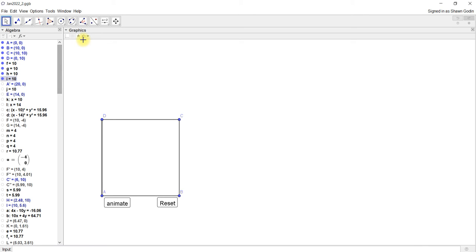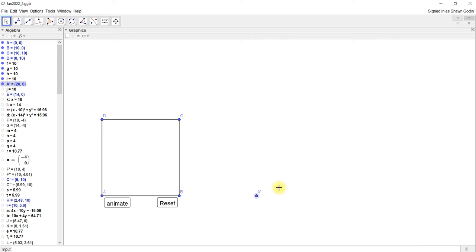Once I did that, then using the reflect about a line tool, I reflected point A about BC to get this point A prime. The reason for that is I wanted my second square to be smaller than or equal to this square here. This guy was going to be static. The other one I could change the size.